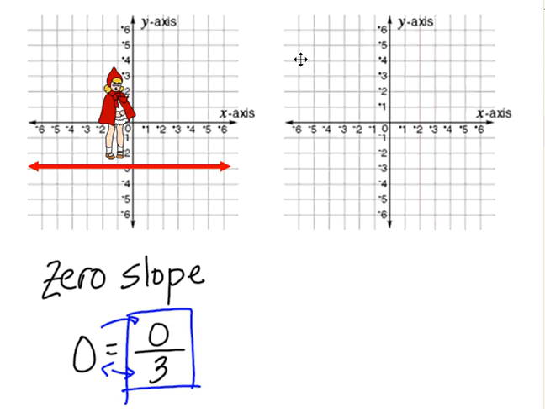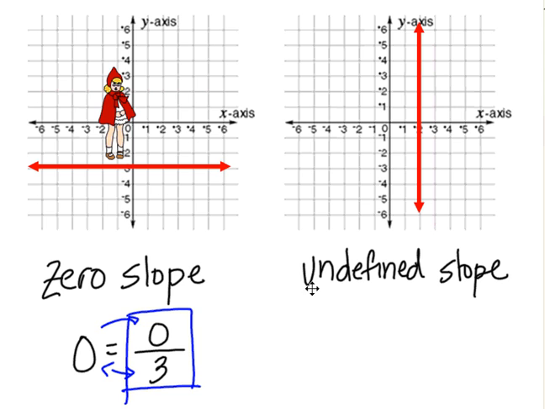therefore we have a zero slope. Now what happens when the zero's in the denominator instead? Well, here we have a line that is going up and down, and this line is going to be a little bit different. We've already talked about positive numbers, negative numbers, and zero, but then we have what we call undefined numbers. So this is an undefined slope. It has not yet been determined what that value is, and at this stage of the game, it is impossible.